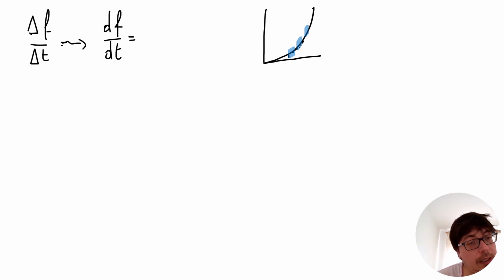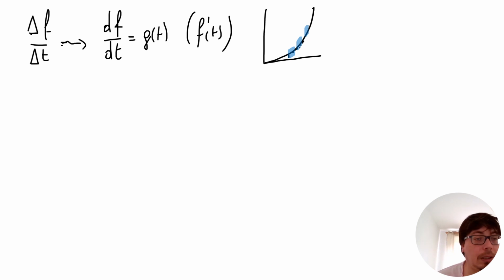So this can be thought of as a function of time, and sometimes is written f prime of t, but this is just notation, so not to be fuzzy about it.